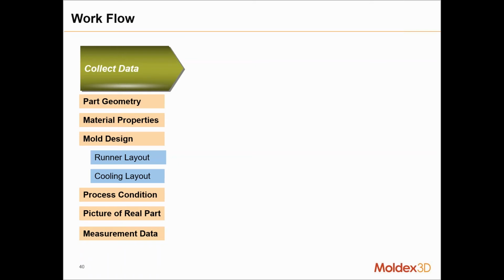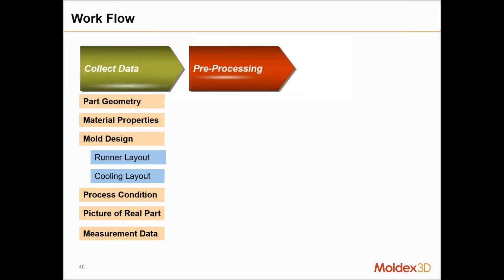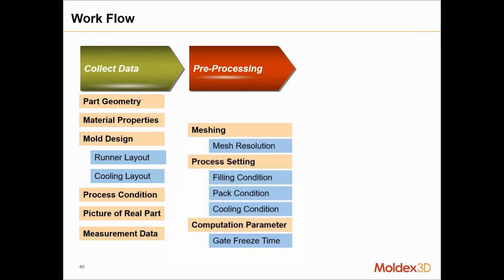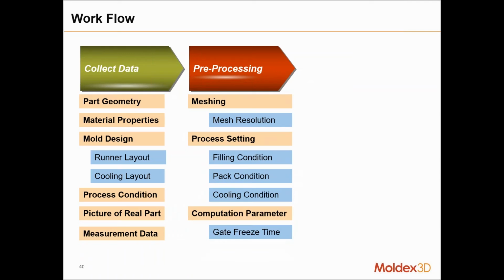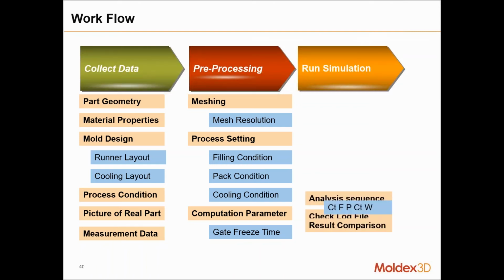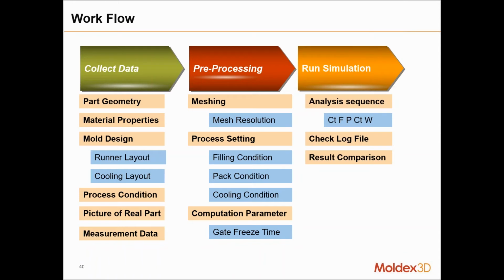First step would be to verify your input data, including your CAD, including your tool CAD, including your material, process conditions, etc. And then, of course, when you talk about pre-processing, you're talking about your meshing, your process settings, your computation parameters in the software, etc. And then finally, you're running your simulation depending on what you're looking for, depending again on what stage in the product life cycle you're running your simulation.